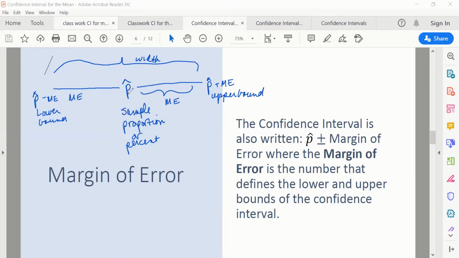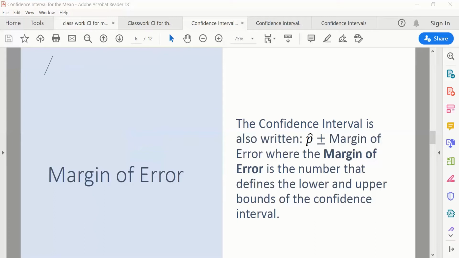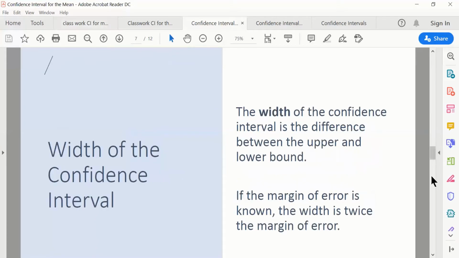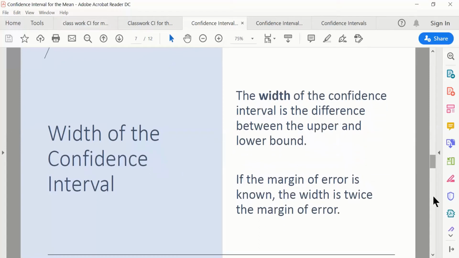And we are estimating p-hat here. We could be estimating anything about the population. We might want to know about the standard deviation of the population. We just don't do that in this class, but it is possible to do that. So the width is the difference between the upper bound and lower bound, and if we know the margin of error, the width is twice the margin of error. Just another way to do it.